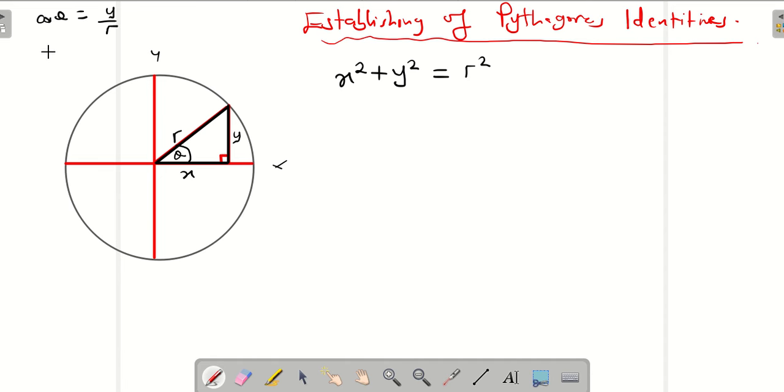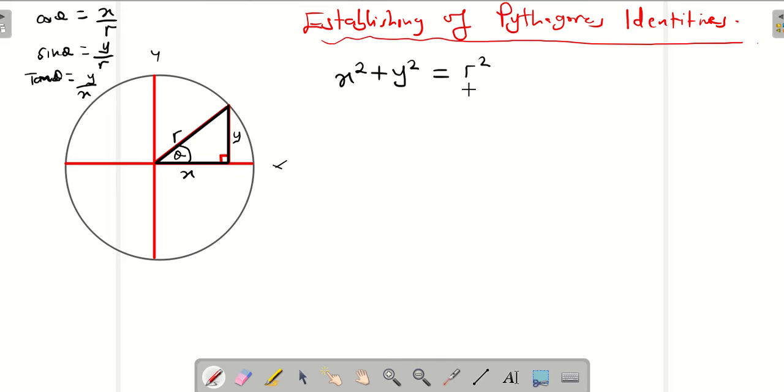We established that cos theta, sorry, there is a mistake, cos theta is equal to adjacent, which is x, over the hypotenuse, which is r. Sin theta is opposite, which is y, over the hypotenuse, which is r. And tan theta is equal to opposite, which is y, over the adjacent, which is x. So let's take note of this.